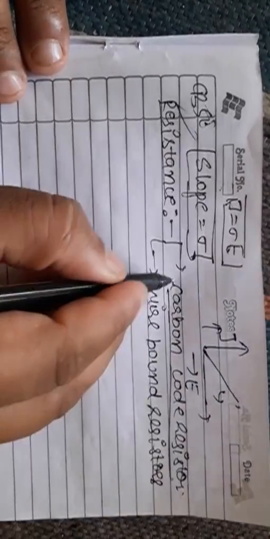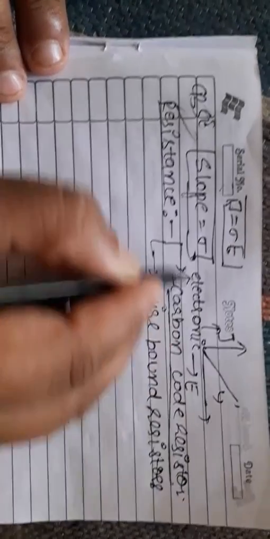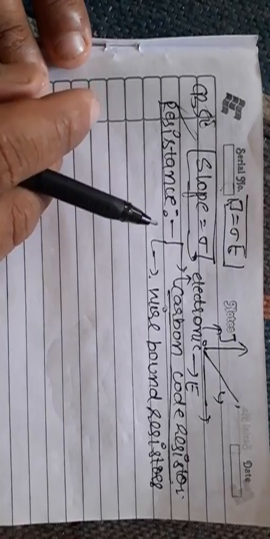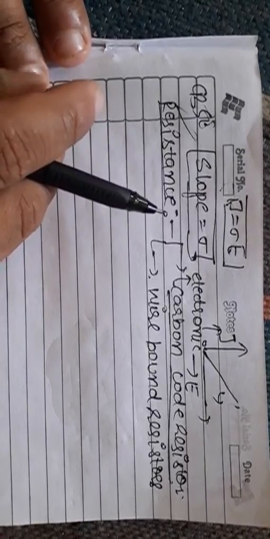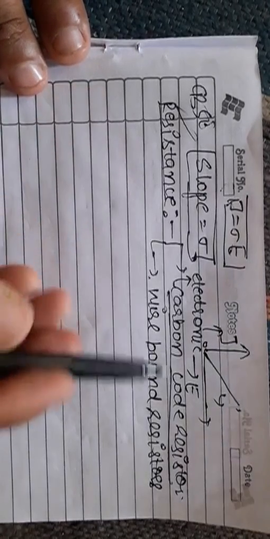Carbon core resistors we basically use in electronic circuits. You will see in the notes I have drawn this type; I will show you the carbon core resistor in the lab.